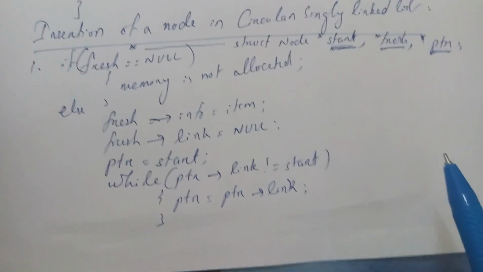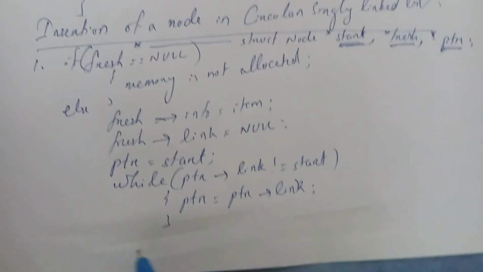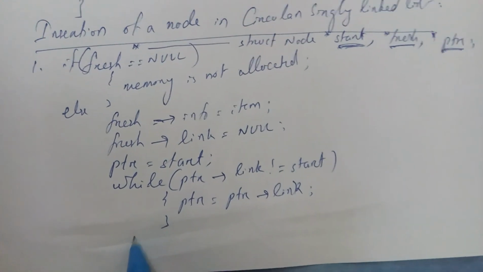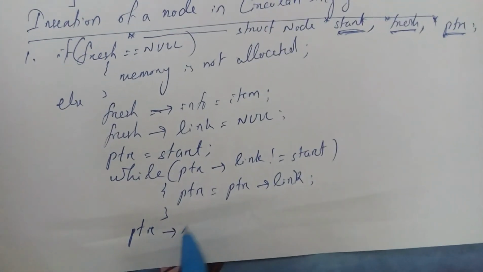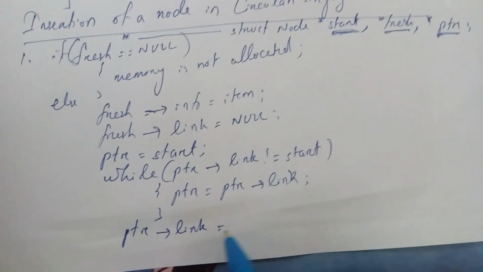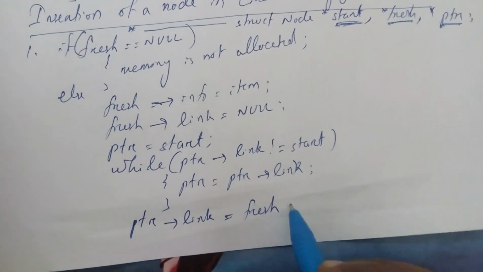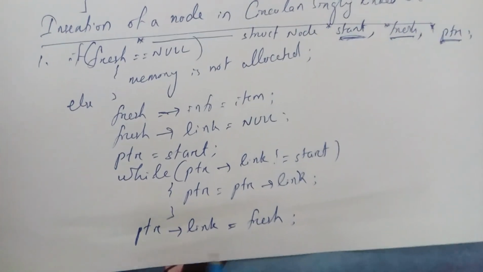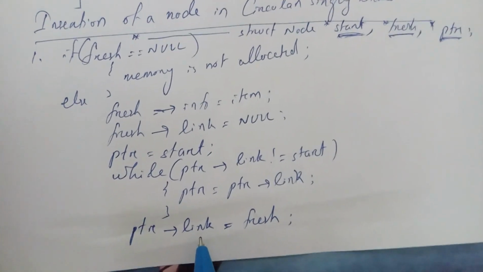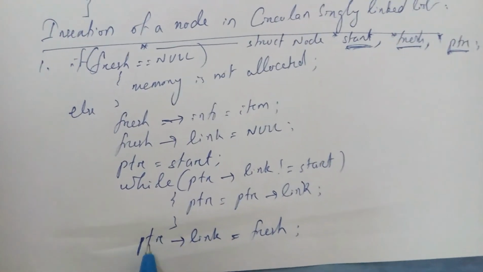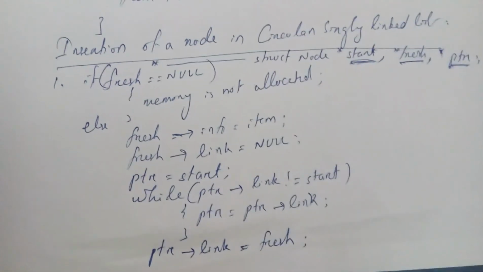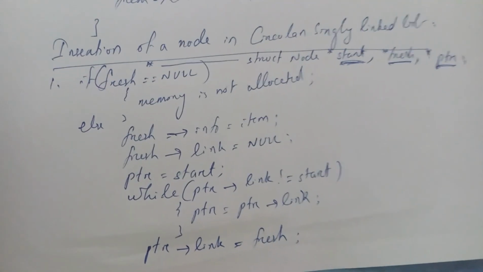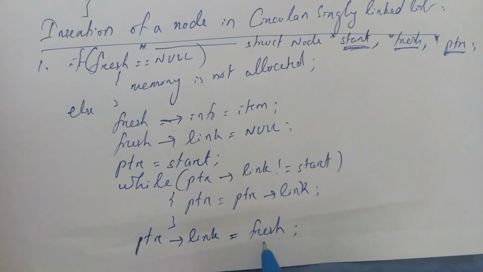So there, what to do? You have to set PTR link equals fresh, because fresh is going to be the first node. So PTR link should contain the address of the first node. As PTR is pointing to the last node, its link part should contain the address of the first node, and fresh is going to be the first node.